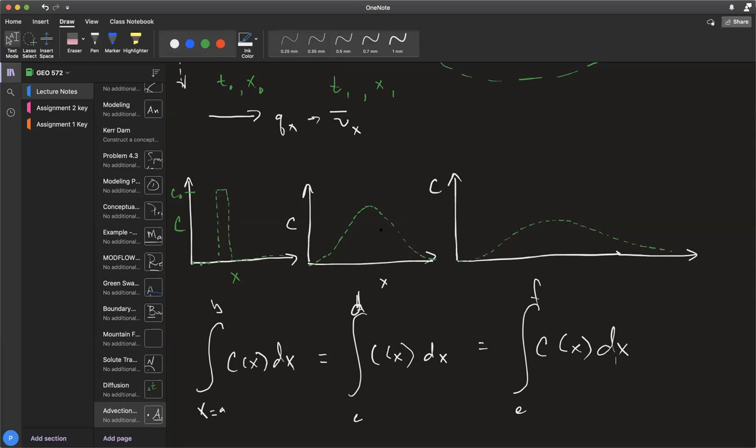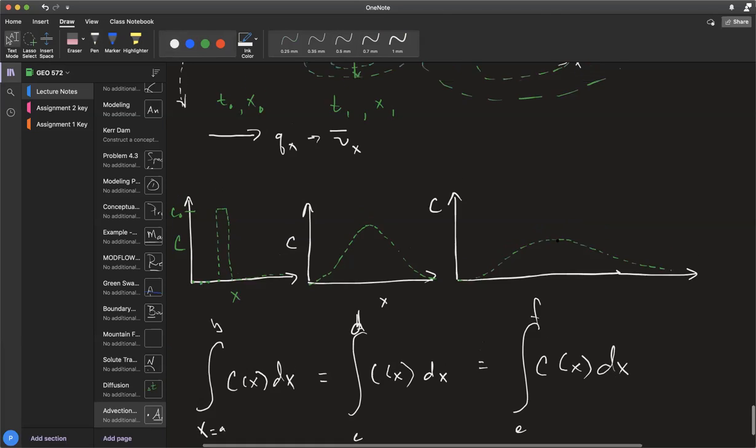As long as we're not losing mass, the integral has to be the same. But we see that they're spreading longitudinally and transversely.